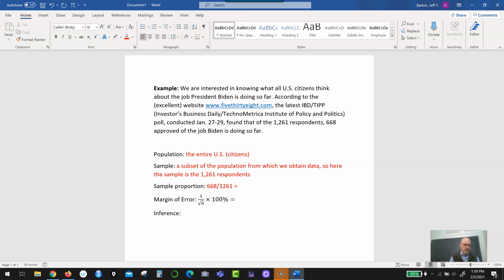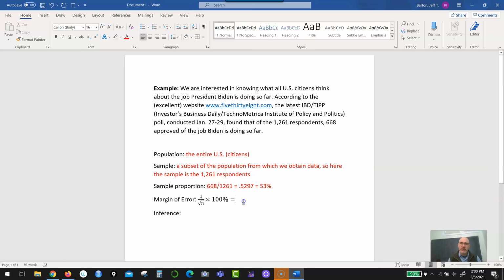I'm doing that with my calculator real quick. And so I get 52.97%, so 0.5297, and we're just going to call that 53%. So 53% of respondents approve of the job that Biden is doing so far, of those asked between January 27th and 29th.